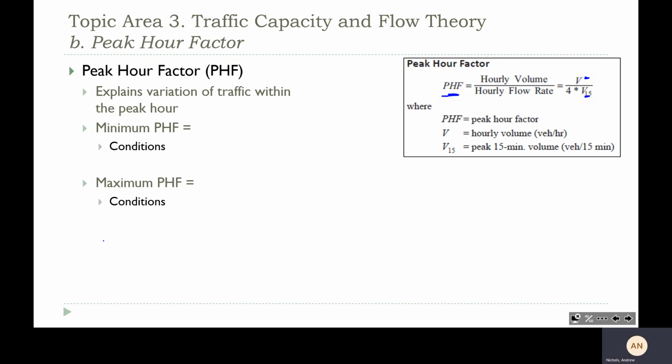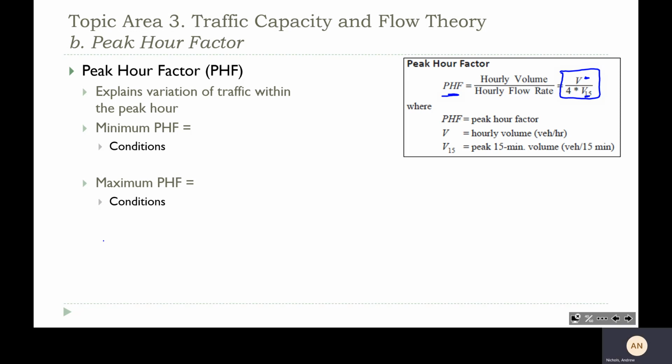So just looking at this relationship here, what is the lowest this value can be? What is the lowest possible value that you can have for a peak hour factor?